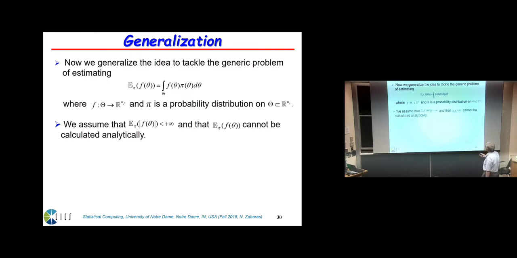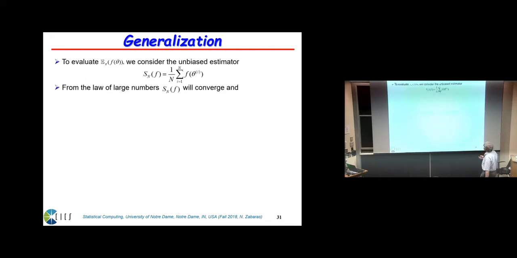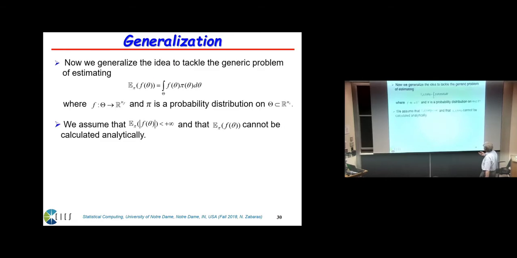We're going to assume some regularity here, that the expectation and the variance are finite, so we don't have to worry, but somehow we need to be able to compute this. So when we did the experiment with the circle, this pi of theta was a uniform distribution, right? So now it's an arbitrary distribution. So everything we said before is applicable here.